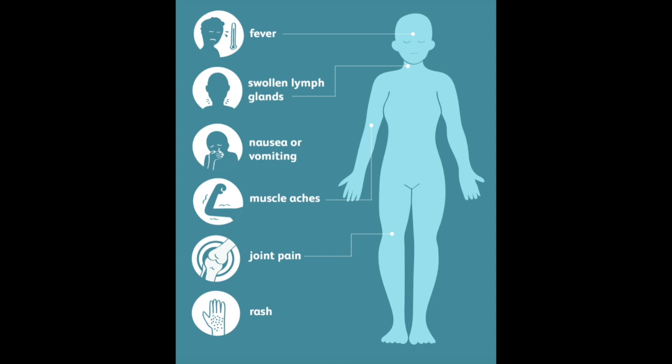About 1 out of 3 of those symptomatic will develop a bullseye-shaped rash. Less than 1% of cases go into West Nile neuroinvasive disease, which can manifest as encephalitis, meningitis, meningoencephalitis, poliomyelitis, or reversible paralysis.